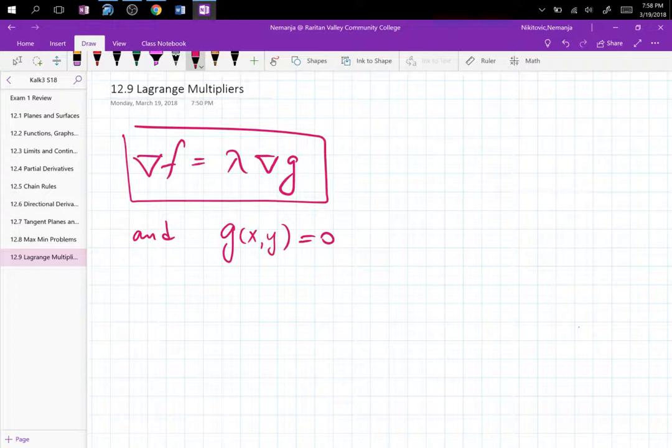Calculus of this is a joke. Algebra of this, living nightmare. So let's dig into problems and do it.